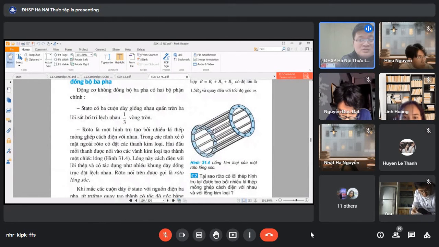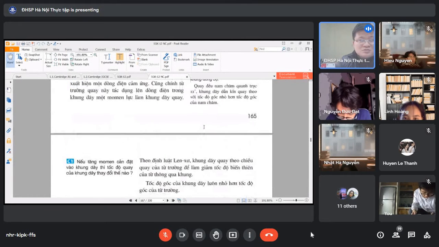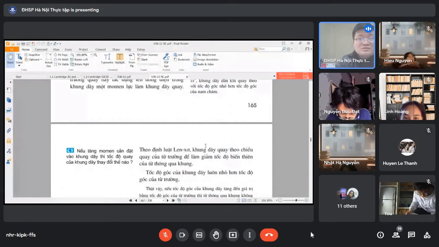That kind of coil is for attaching many different coils, and then it gets induced currents according to these models, and then it will turn.